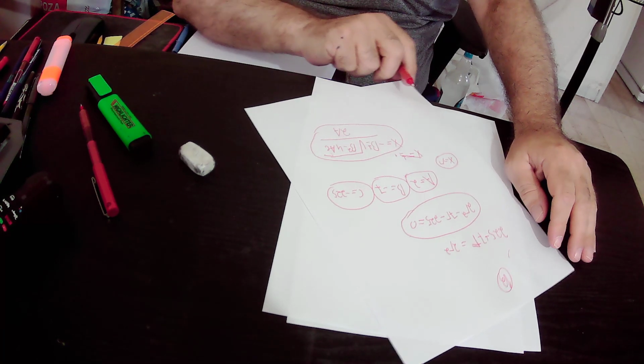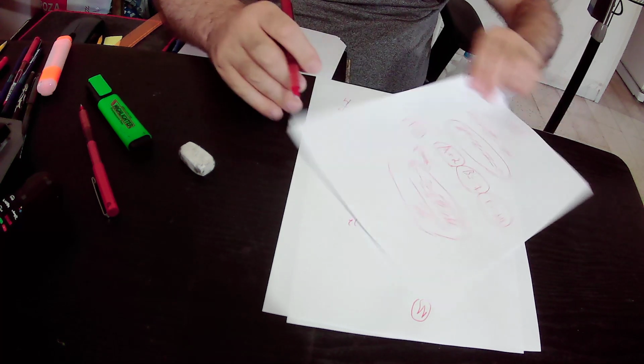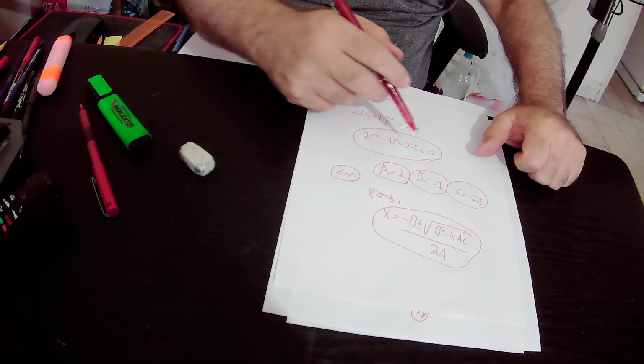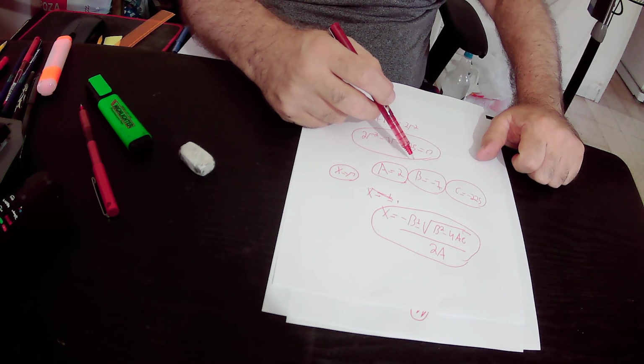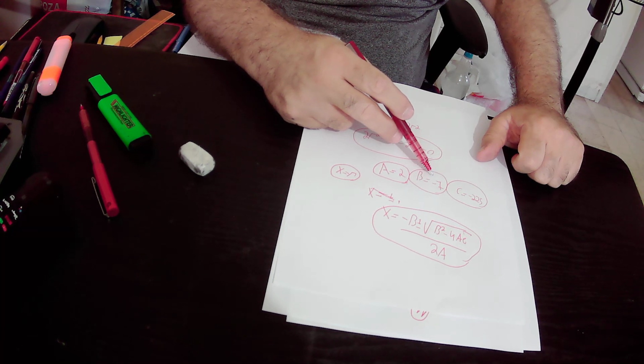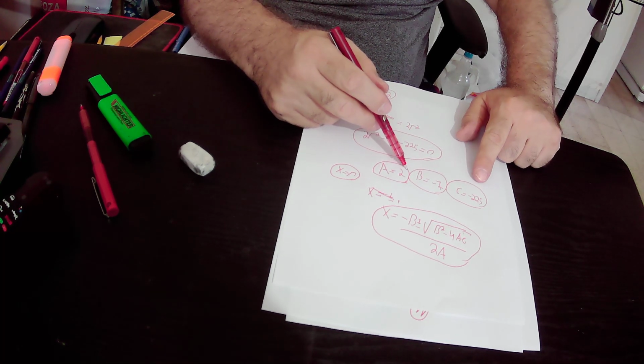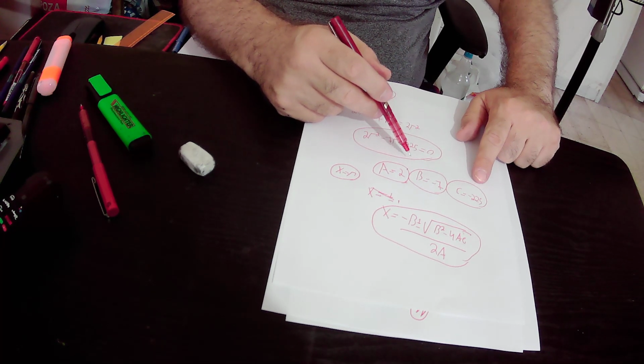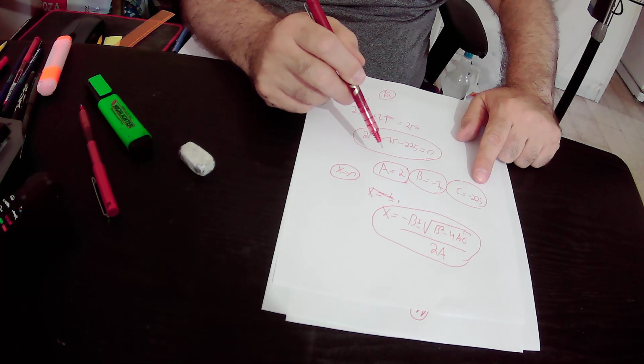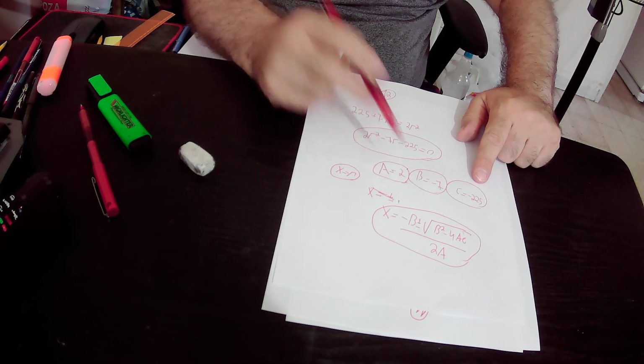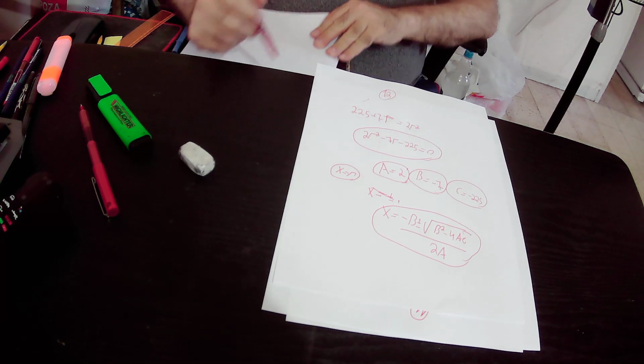So here we will substitute b by minus 7, c by minus 225, and a by 2. Okay?